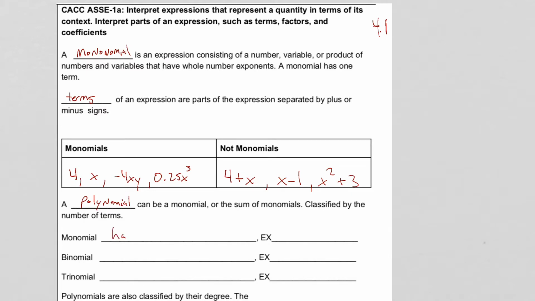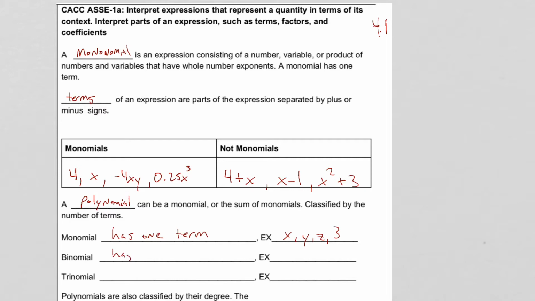So a monomial, and these are kind of strange words to pronounce, has one term. Right? And we've done a lot of examples. X, Y, Z, 3, all one term.